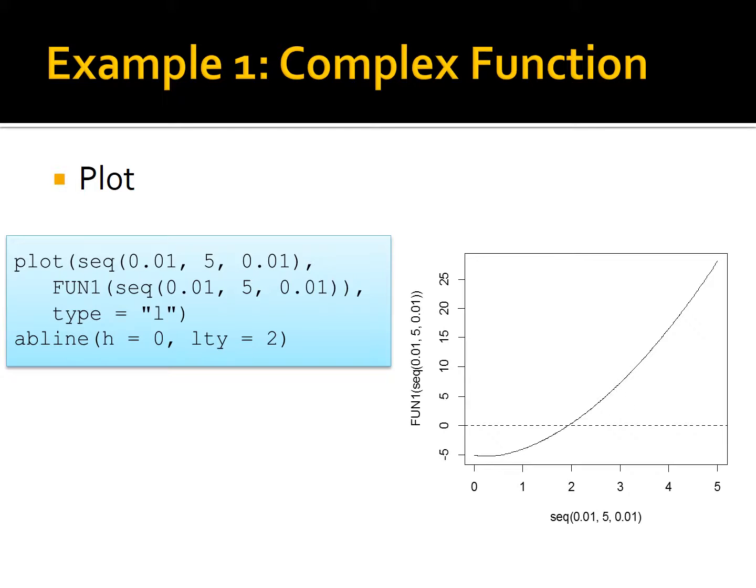You can see that the graph has a monotonic relationship and crosses 0 at a point around 2, which is the 1.93 that we just solved.